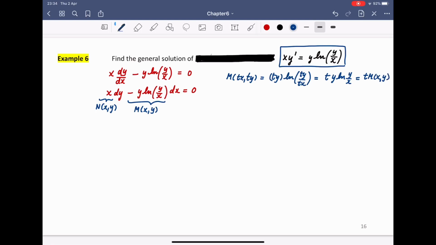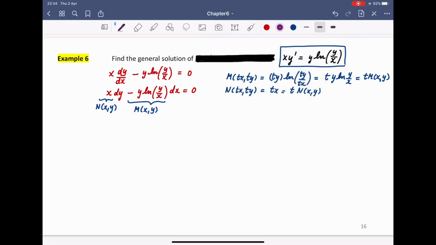So this is homogeneous of degree 1. And then you have N(tx, ty), which is tx, and that is t times N(x, y). So this is homogeneous of degree 1. So M and N are both homogeneous of degree 1, which means this differential equation is a homogeneous differential equation.